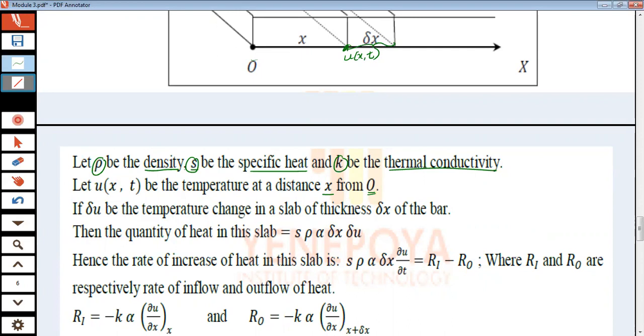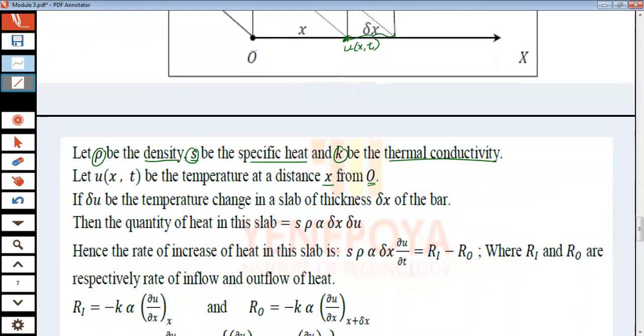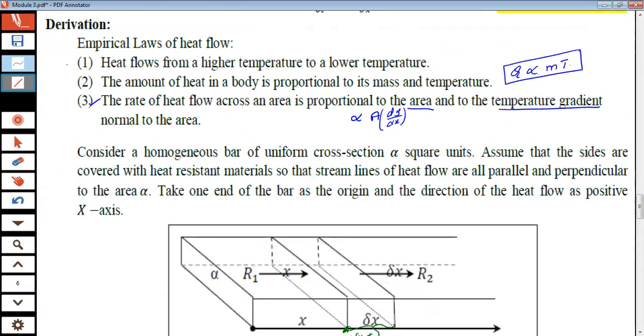The quantity of heat stored in this slab element is, as we saw by using the second law of thermodynamics, proportional to its mass and temperature.